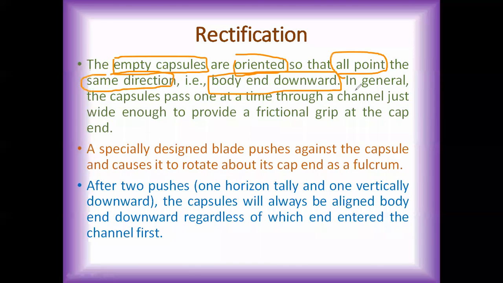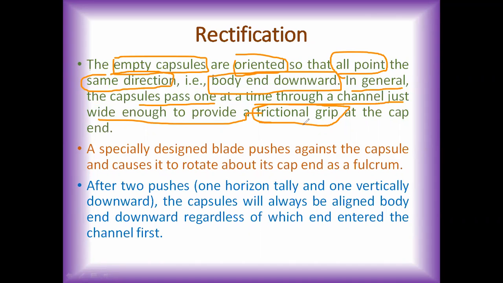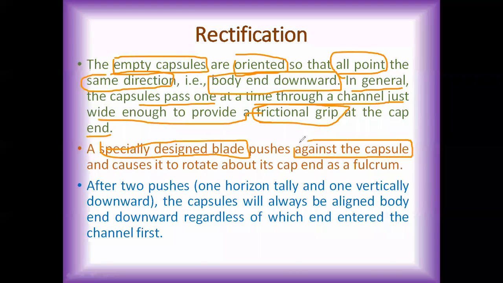Here, in the rectification step, in general, the capsule passes one at a time through a channel just wide enough to provide a frictional gap at the capsule end. In the machines, we have a specially designed blade which pushes against the capsule and causes it to rotate.